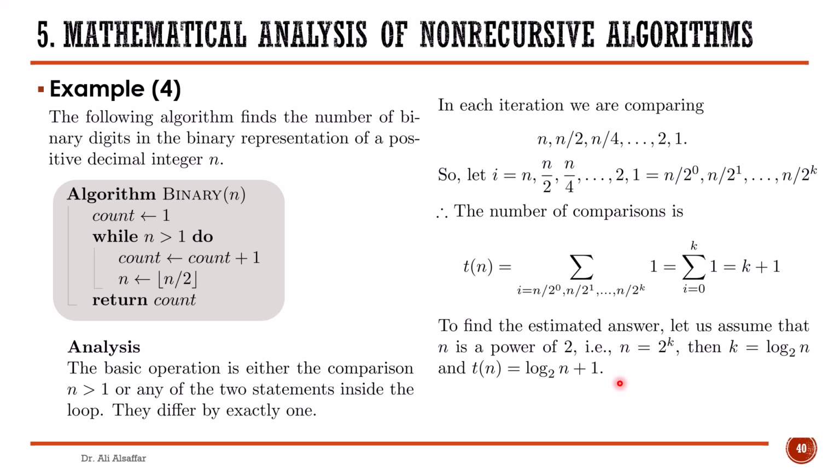If this is the estimated answer for the number of comparisons, then what is the exact answer? In fact, the exact number of comparisons is equal to floor of log base 2 of n, plus 1. Let me show you how we got this answer.